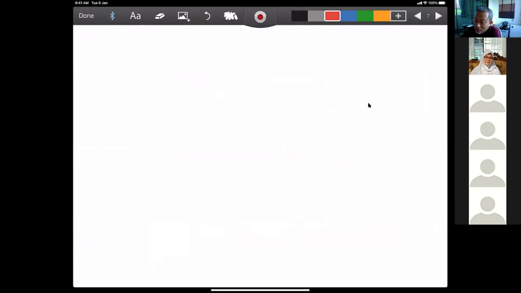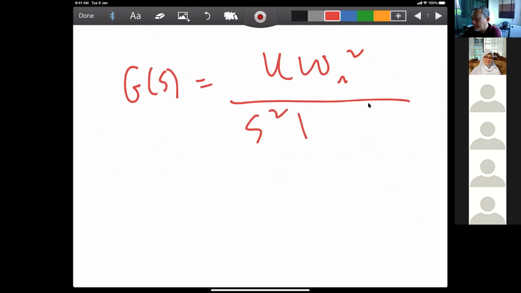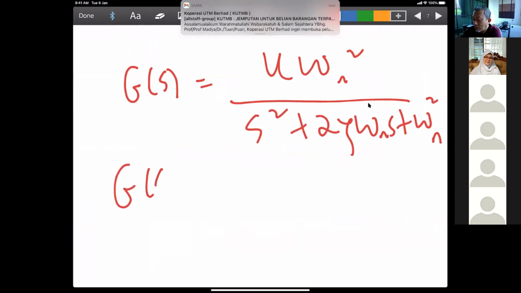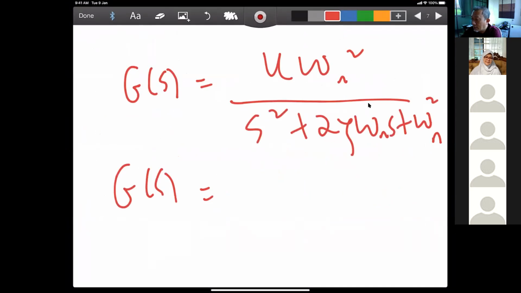So what is the model structure, Saravanan, for the second order? In terms of RLC, do you have the RLC formula in your notes? I can't remember. Do you have the samples that I gave to you?